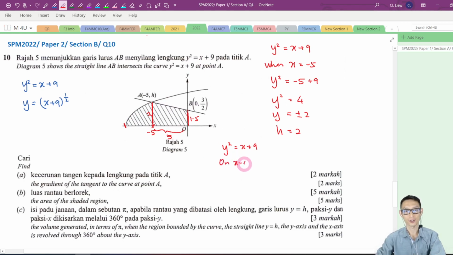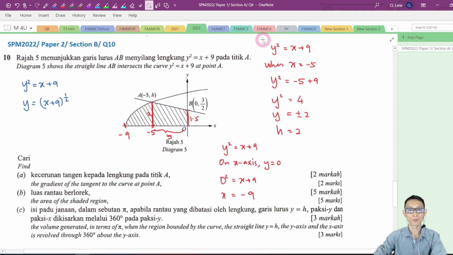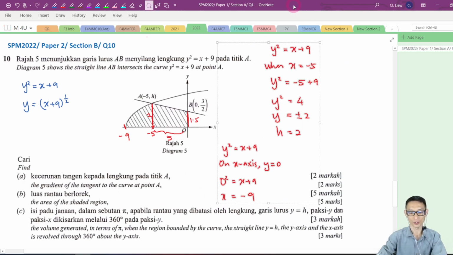On the x-axis, y is equal to 0. So I'm going to replace the y by 0. So x is equal to negative 9. So this is negative 9. Now I have all the important information that I need to find the area of the shaded region. So I can start finding the area of the shaded region now.